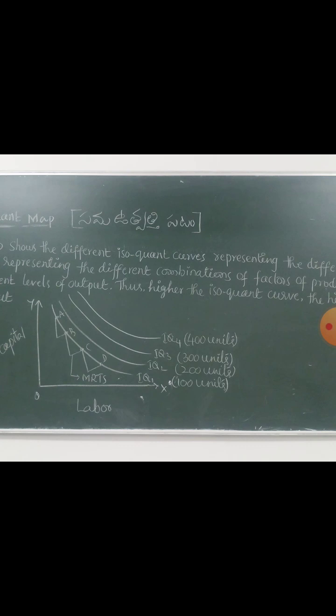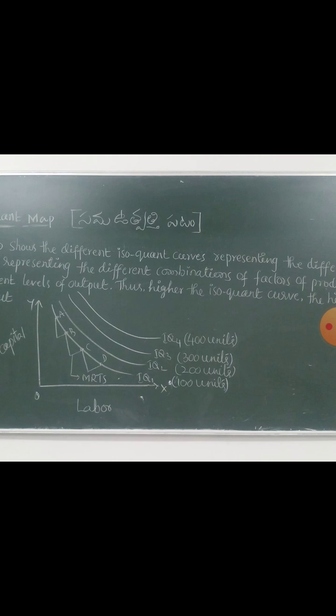The producer will substitute the two factors of production, labor and capital. The producer gets a quantity of first 100, 200, next 300, 400. The difference from 100 to 200, 200 to 300, 300 to 400 is only 100 units increased from IQ1 to IQ2, IQ2 to IQ3, IQ3 to IQ4.